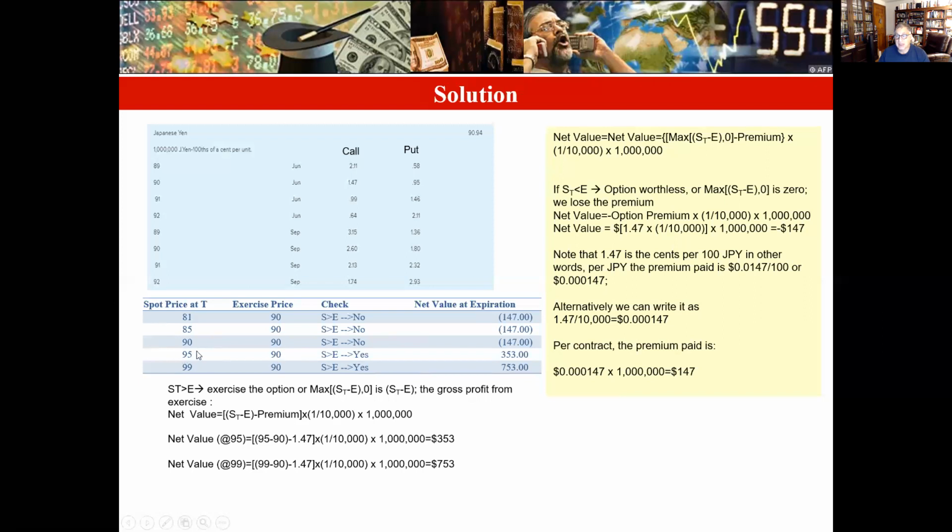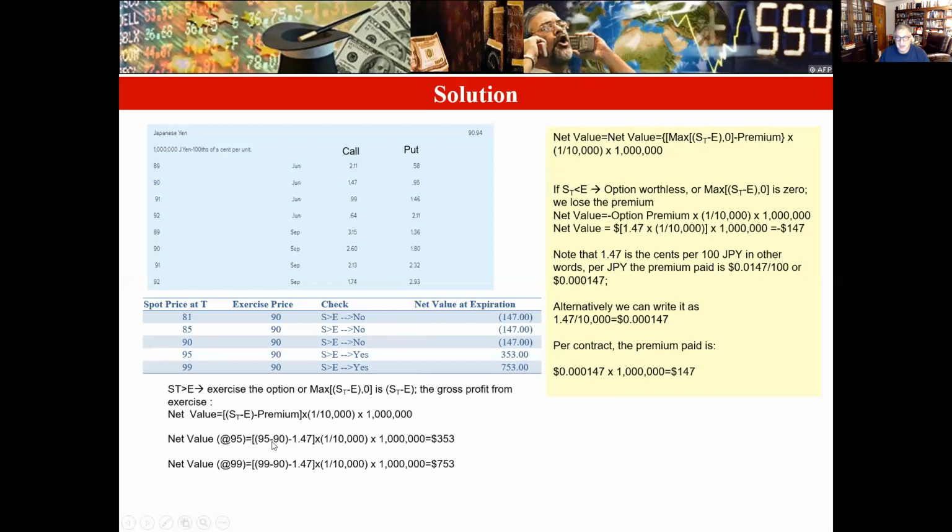That means that there is actually value in the contract. So the net value in this case is going to be a non-zero first part. This part now is actually worth something. So there is a $500 value that we capture in here. But since we paid the $147 premium, the net value that we would have is going to be $352.